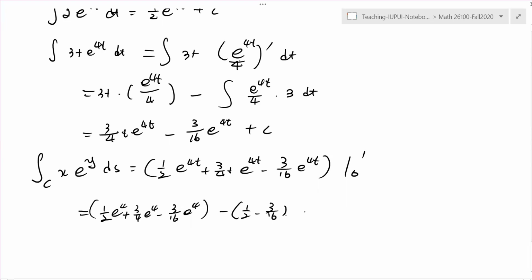So it's going to be 17 over 16 e to the 4 minus 5 over 16. So 8 minus 3 is 5 over 16. So that is the answer. Not too bad.